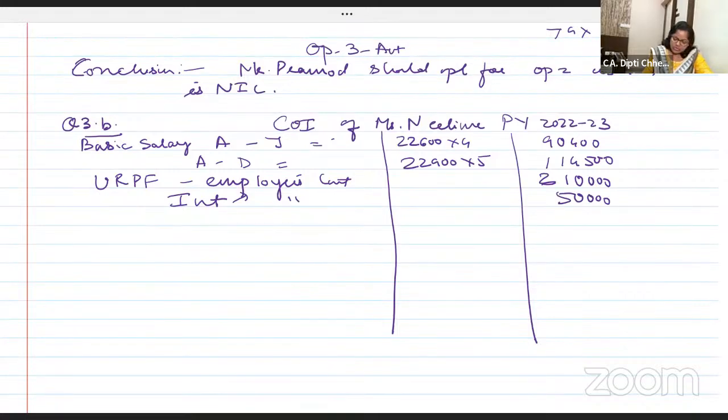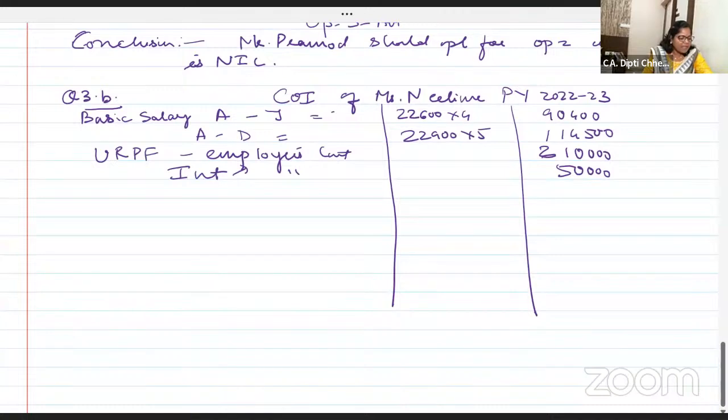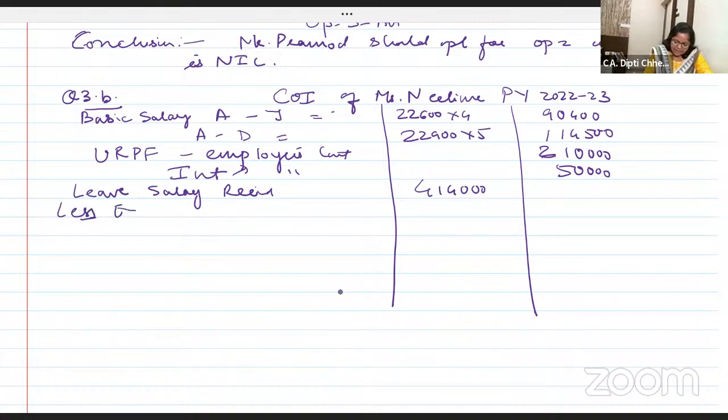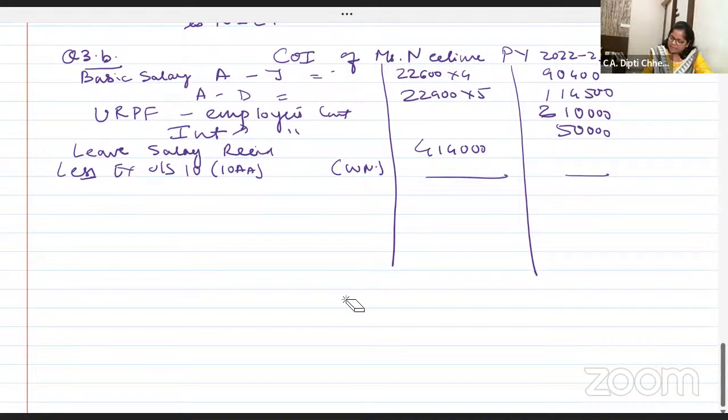Okay, after this what will we do? Leave salary received. How much is leave salary received in our column? 4,14,000. Less exempt under section 10(10AA), working note 1, and this will come as taxable.